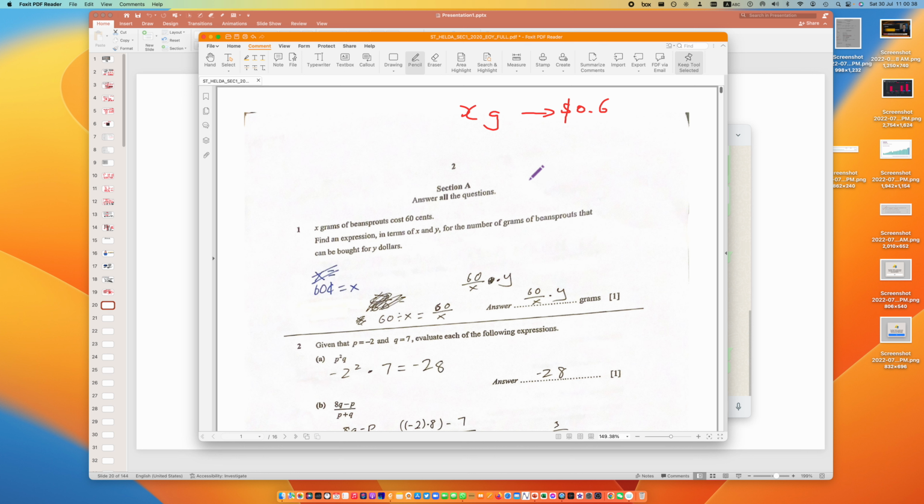If next time you don't know whether you should take the dollar divided by x or x divided by the dollar, give yourself a simple example, because sometimes it can be x over 0.6, it can also be 0.6 divided by x. Sometimes it's confusing.